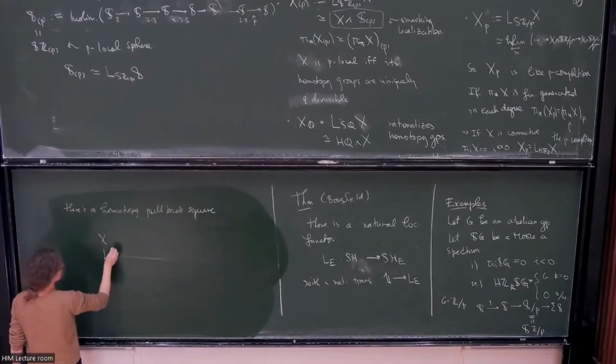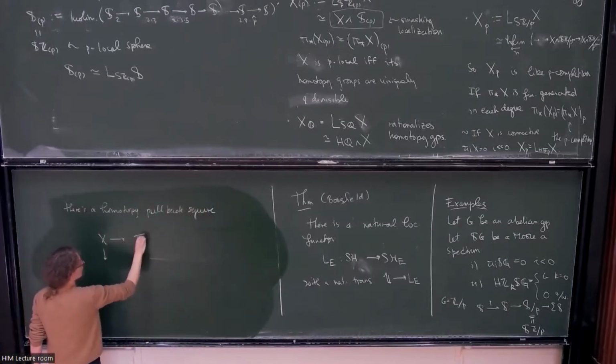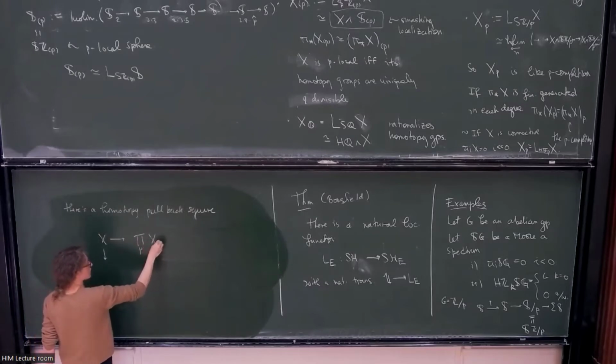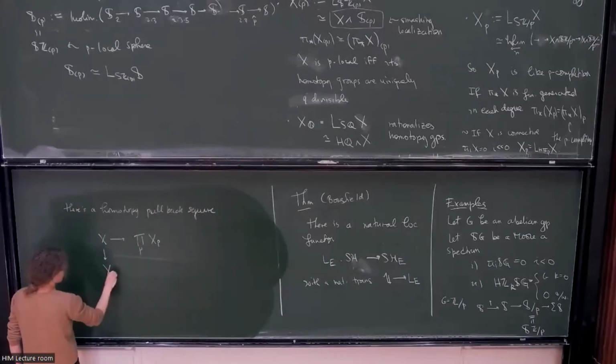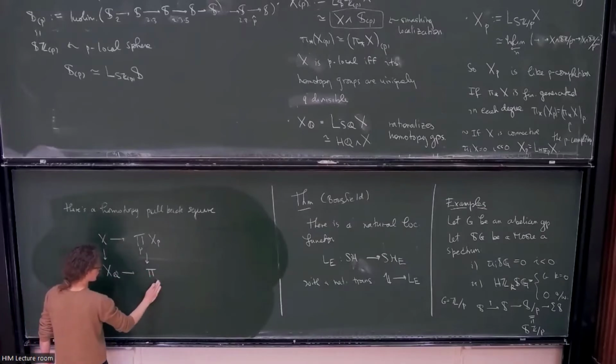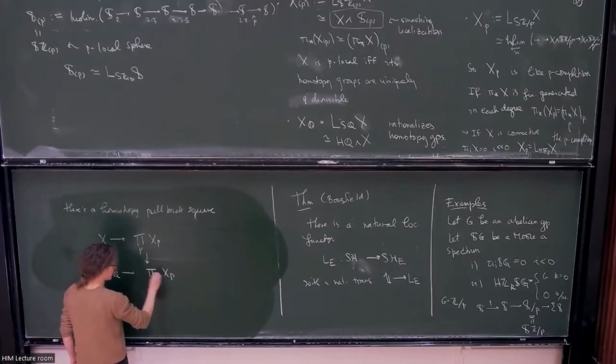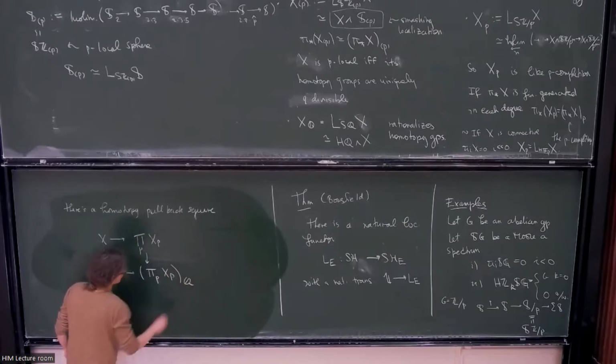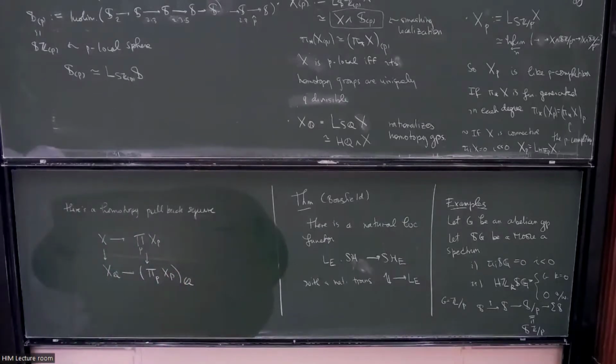Okay, so X goes to, you can take the product over p of these completions. You can go to the rationalization, or you could do it in the other order. Here's what I mean. Go here, and this is a pullback square.